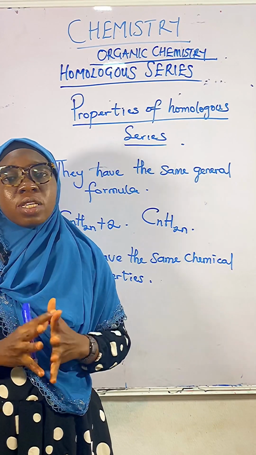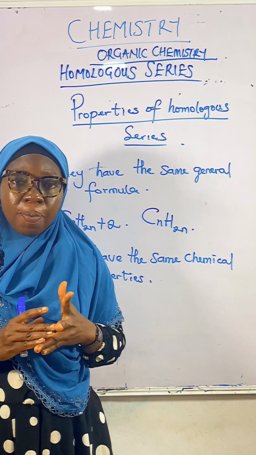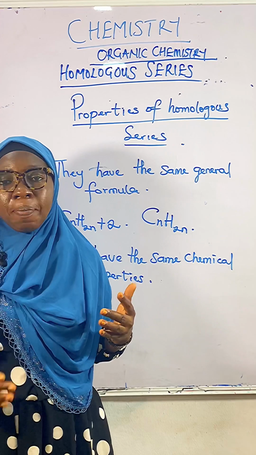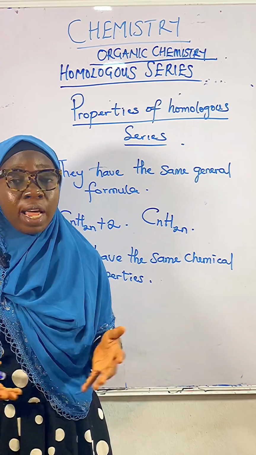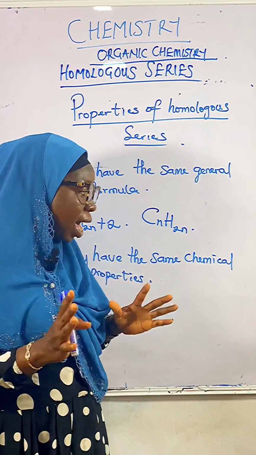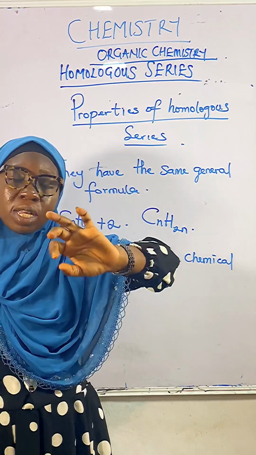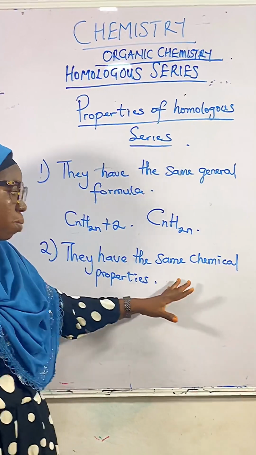It means that all the properties possessed by methane, either physical or chemical, can also be applied to other members of the alkane group like propane, butane, and so on. So all of them will have the same physical properties and they will also have the same chemical properties. That is what we mean by that.